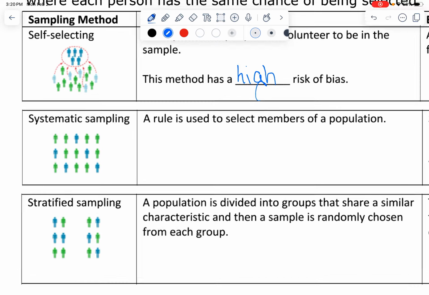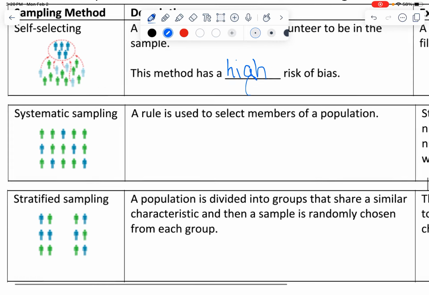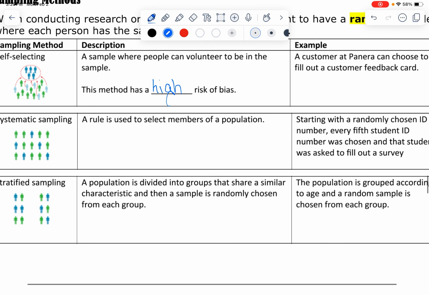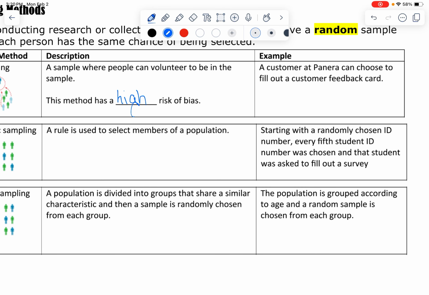Another way is the systematic sampling. This is better. A rule is used to select members of a population. So you're going to look at those and say, all right, how do I want to apply a certain rule? Like in the example that we have here, starting with a randomly chosen ID number, every fifth student ID number was chosen, okay?